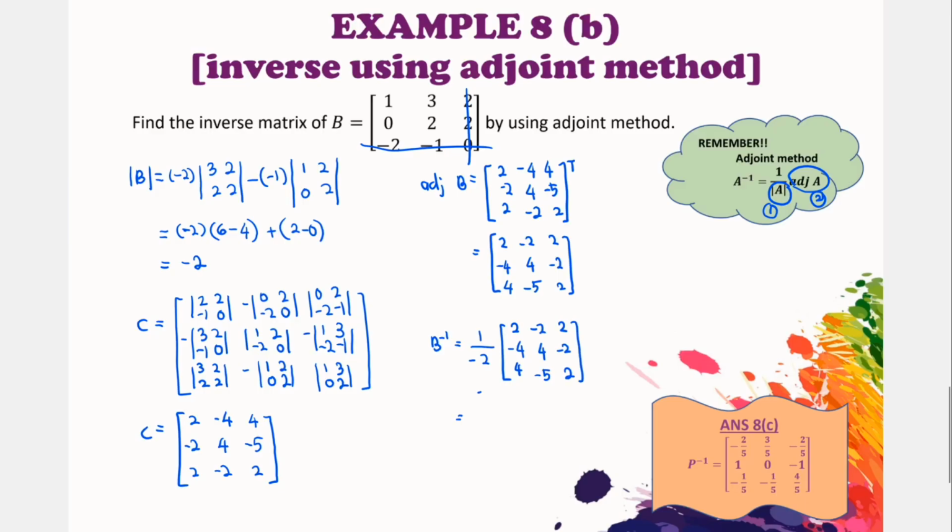Finally, our answer will be negative 1, 1, negative 1, 2, negative 2, 1, negative 2, 5 over 2, and negative 1. So this will be our final answer.